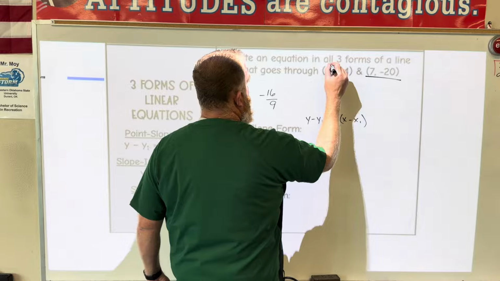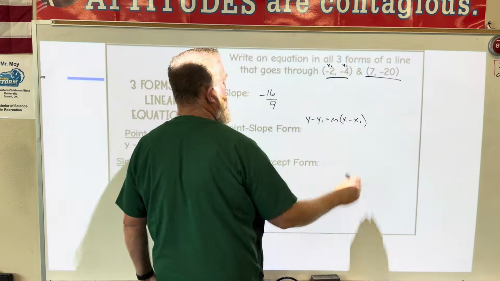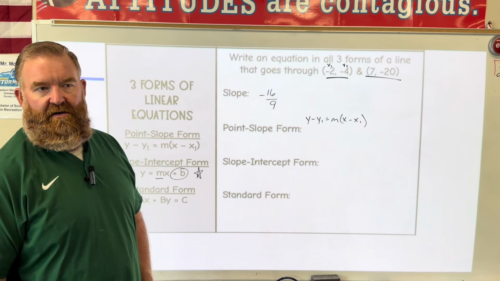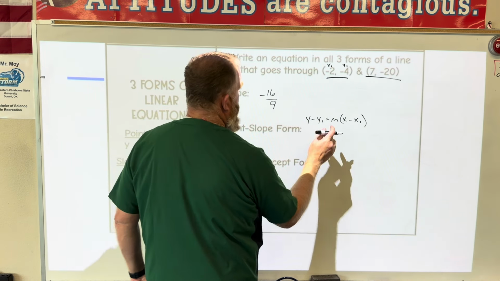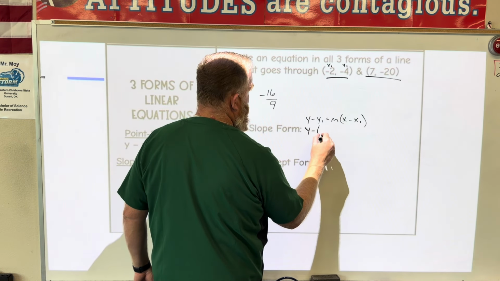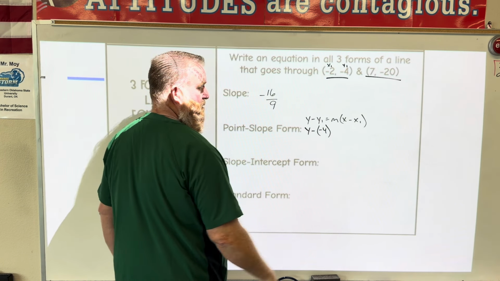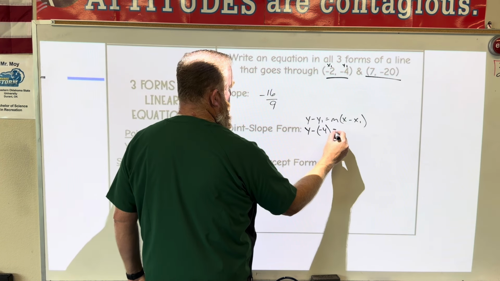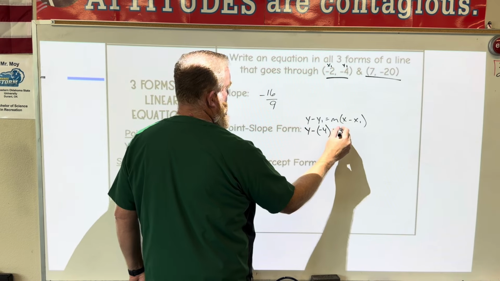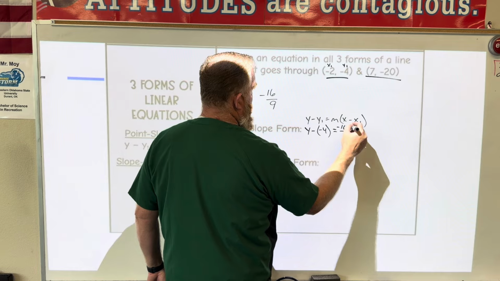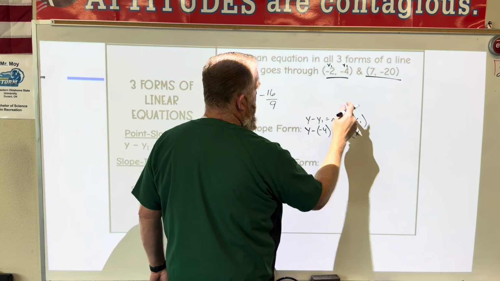So I'm going to call this x1 and this y1. Everybody good? I could have picked either one of the points. It does not matter, 100%. Y minus, what is y1? Negative 4. Equals, what's my slope? Negative 16 over 9. And then x minus negative 2.